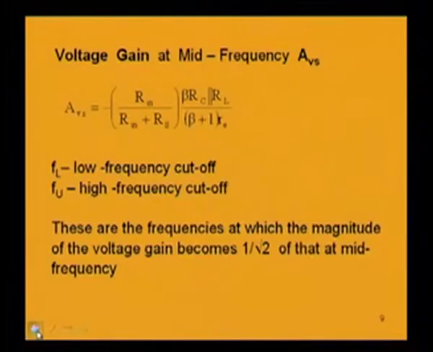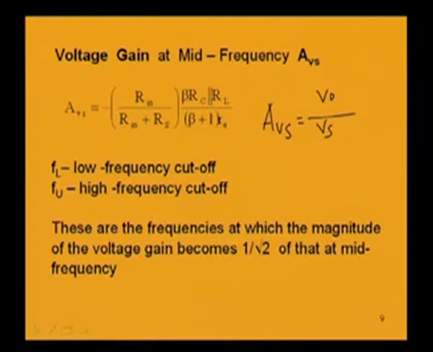So if we consider the voltage gain in the mid frequency range as AVS, which is conventionally V naught by Vs. Now in the mid frequency range, where there is no effect of the frequency of the signal, this is a constant, and that value is given, if we recall our earlier analysis, as minus Rin by Rin plus Rx into beta times RC parallel RL divided by beta plus 1 small re.